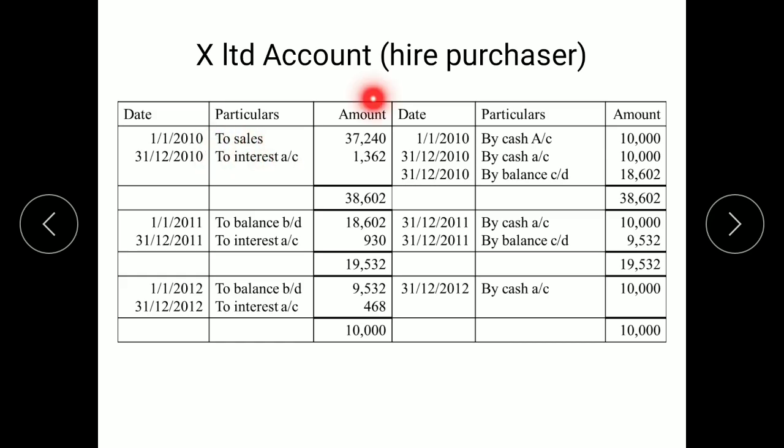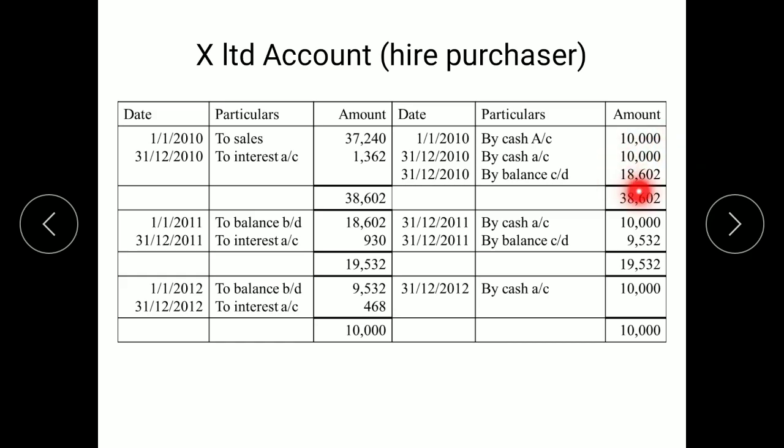So here to sales means the hire vendor has to receive 37,240 from X Limited. Then he also has to receive the interest from X Limited, 1,362. Same year he is receiving two payments, 10,000 advance and 10,000 installment amount.